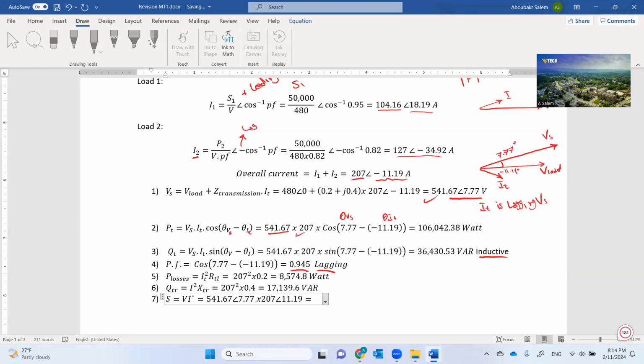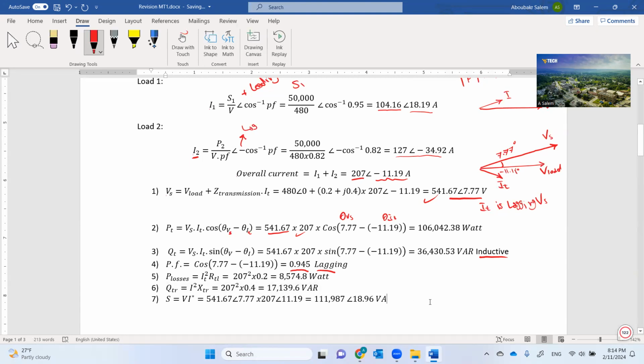So in polar form, this would be 111,987, and the angle is 18.96. So this is measured in volt ampere.